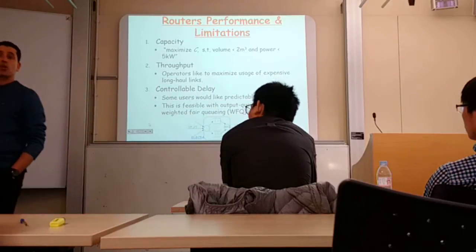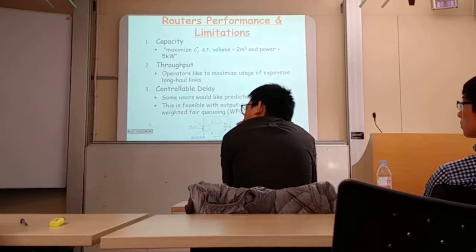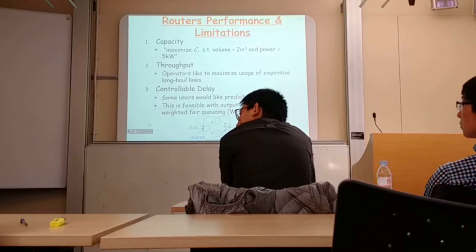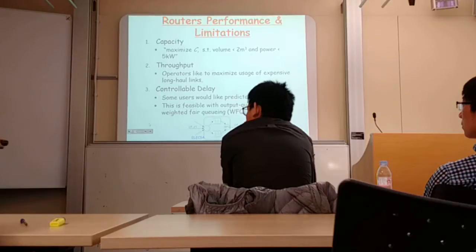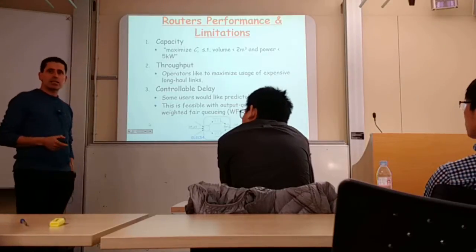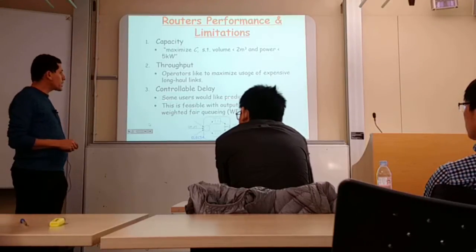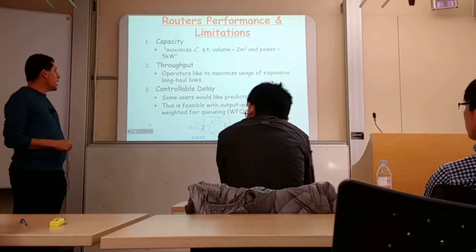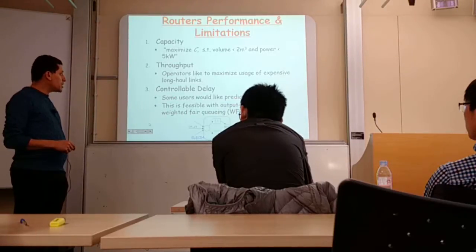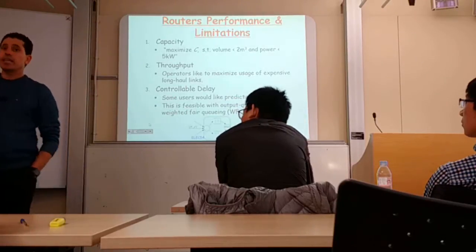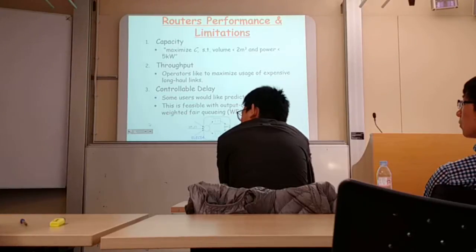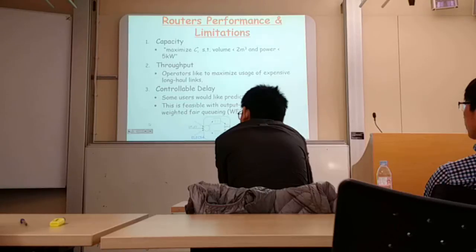There are some companies, for example banking companies, the stock exchange companies, they fight over, I don't know, a millisecond delay, or even less. So they require some sort of predictable delays. In order to achieve this, usually the architecture of choice to control your delay is to implement an output queuing switch, the one I showed you before.